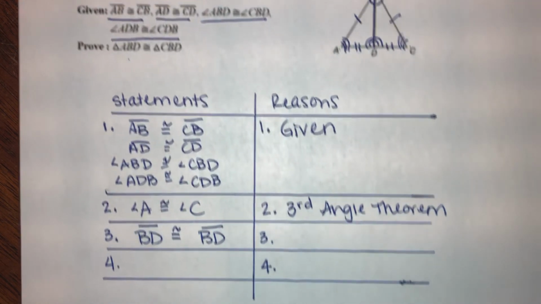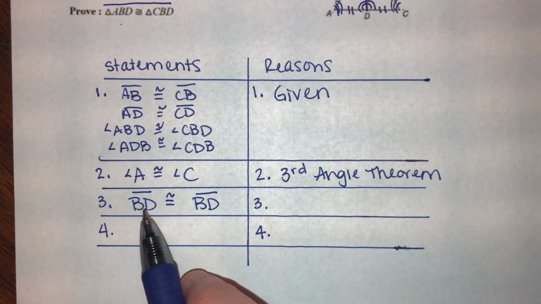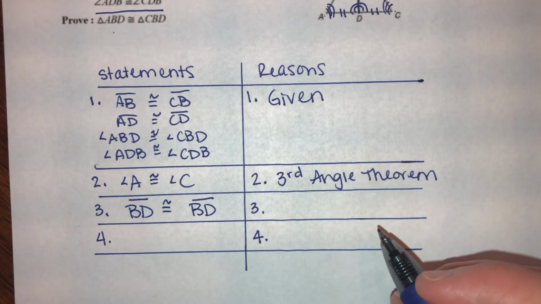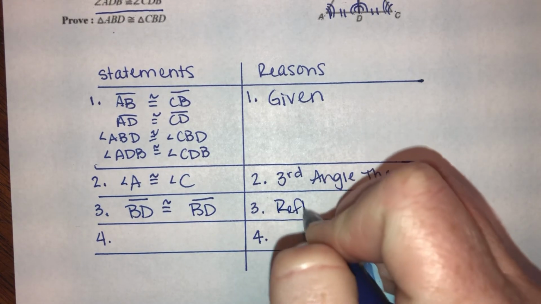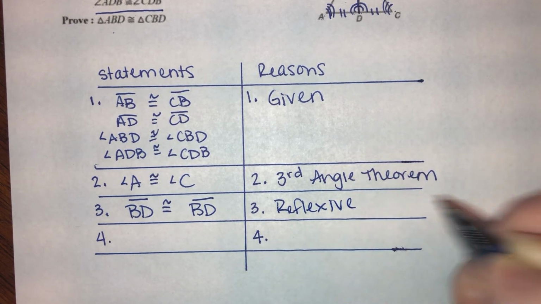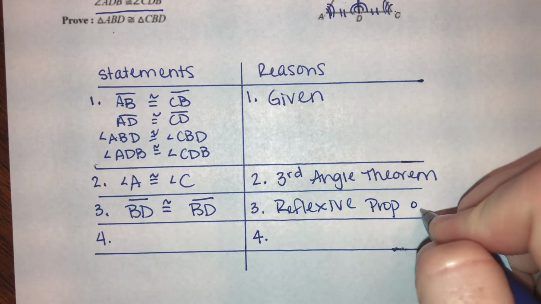Okay, well, what's my reason? What reason do we use when we say the exact same thing is congruent to itself? Do you guys remember? It starts with an R. Reflexive, right? It's the reflexive property of congruence because it's a congruent sign, not equality.